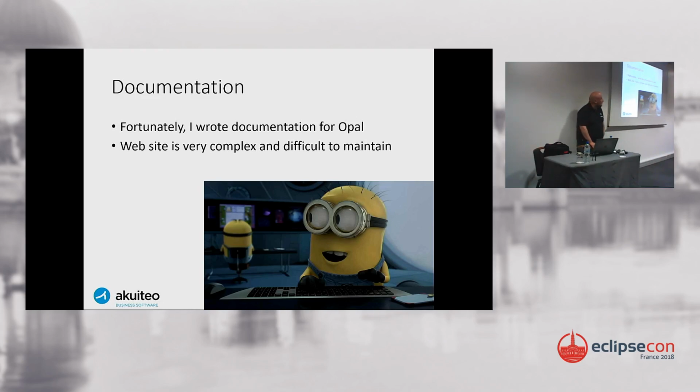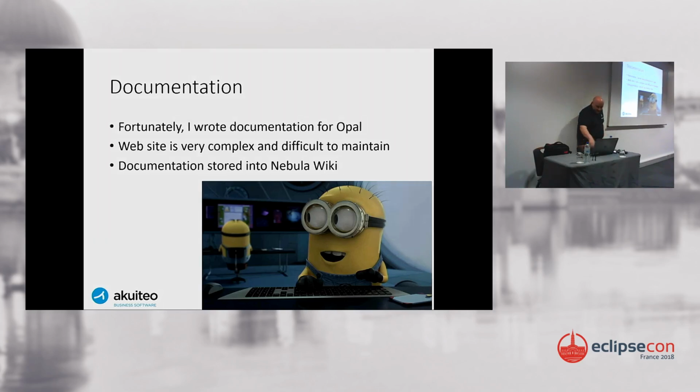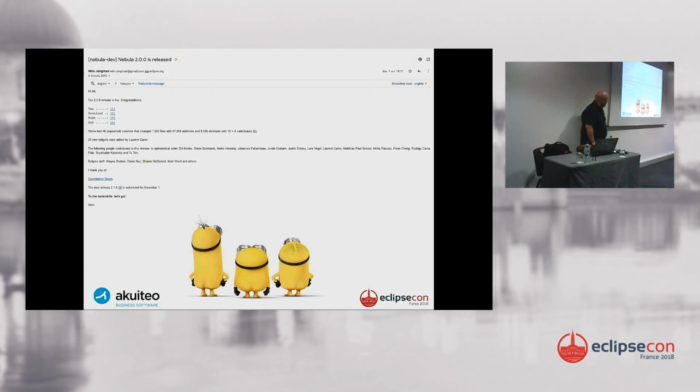So we decided to move the documentation inside the Nebula Wiki, because it's easier to maintain and pretty simple. The look seemed a little old school, but for me it was enough. And it's not an April Fool: on the 1st of April, Nebula 2.0 was released.